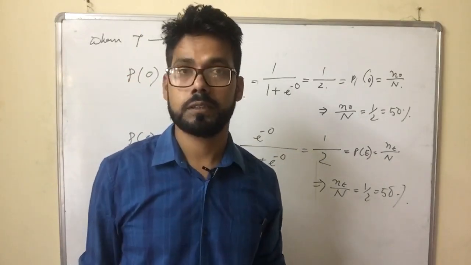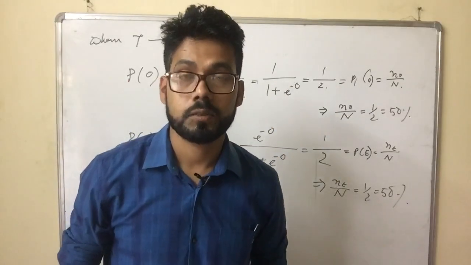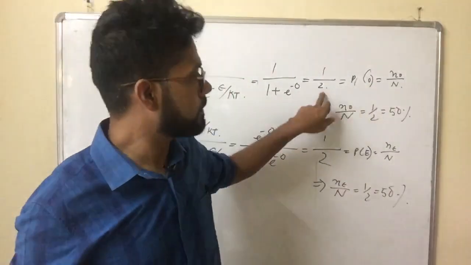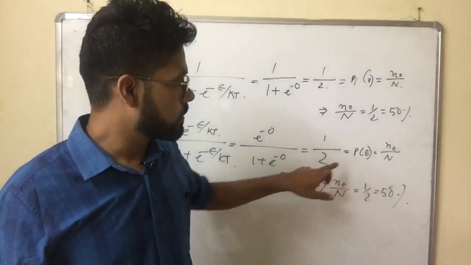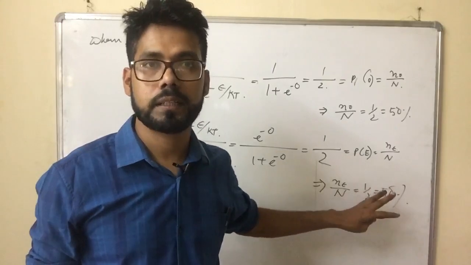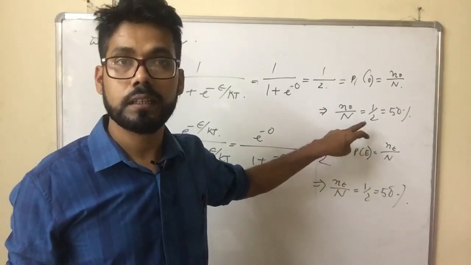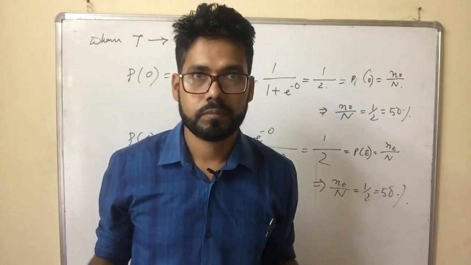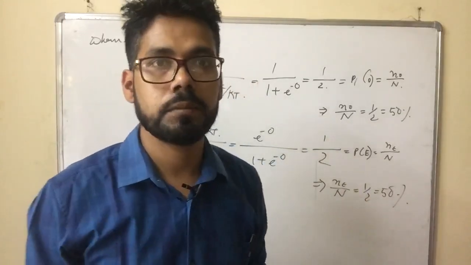Sometimes they ask: what is the fraction of particles occupying a particular energy level? Fraction of particles means probability. So N0 by N is half, 50%, the fraction of particles falling in the ground state, and N_E by N is half, 50%, the fraction occupying the upper energy level. So at very high temperature, an equal number of particles is distributed to each energy level.